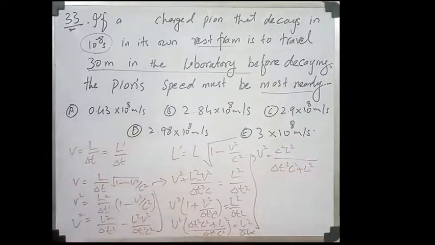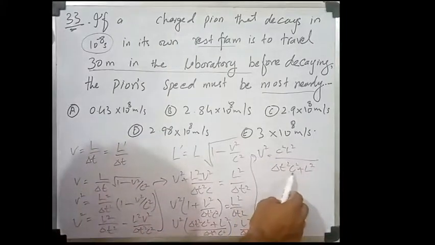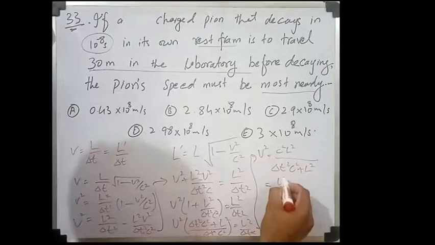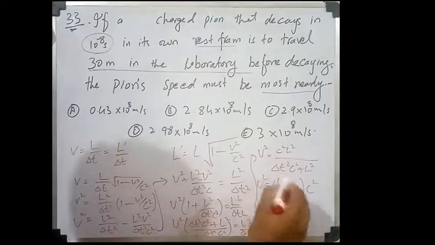This will be our formula. We can write v square equal to L square divided by delta t square c square plus L square, into c square.